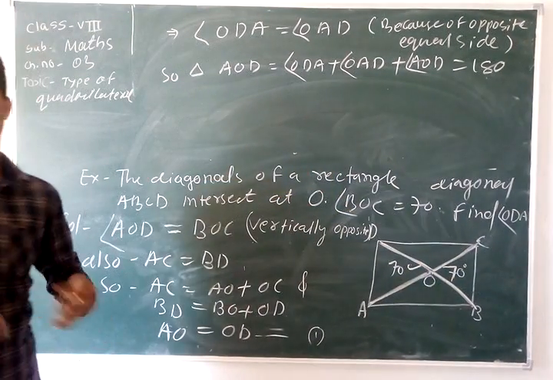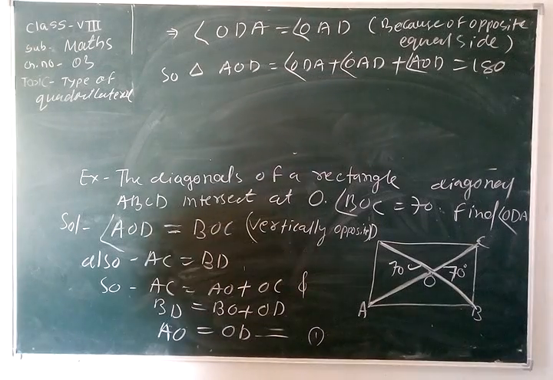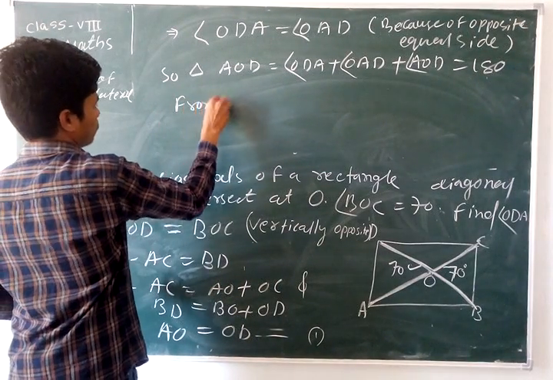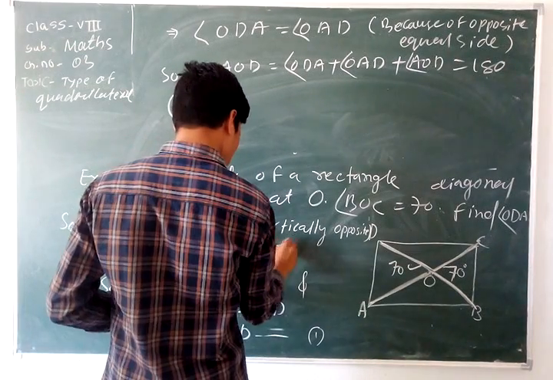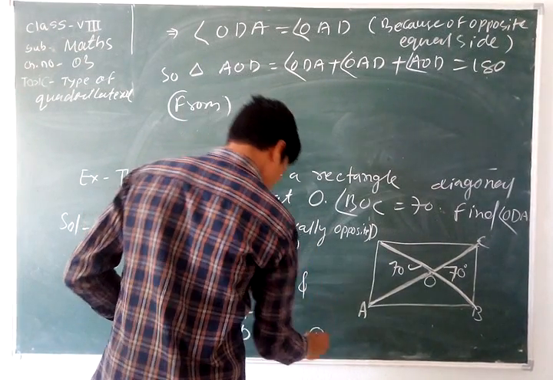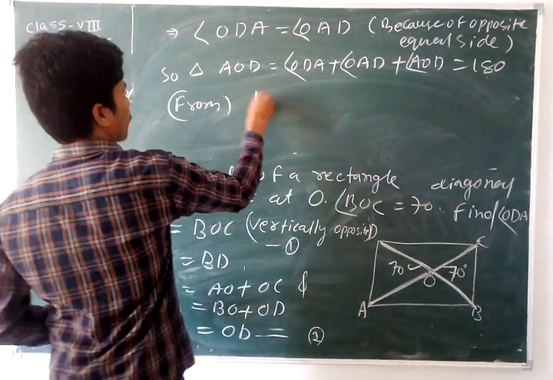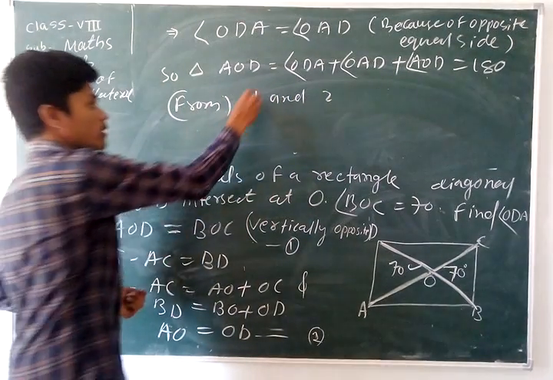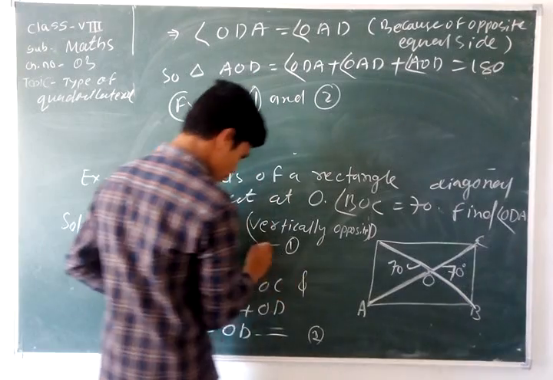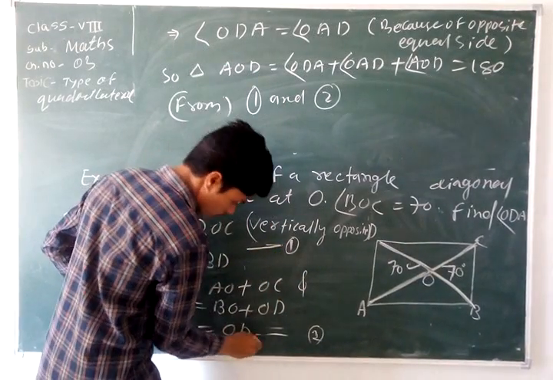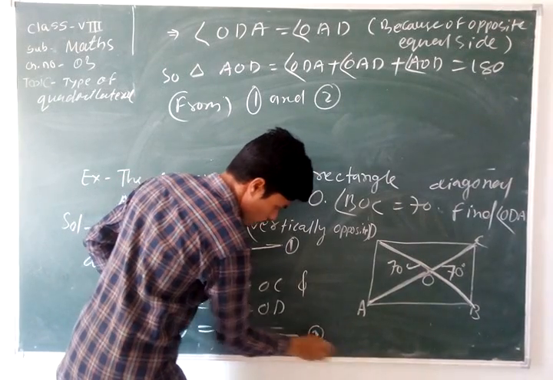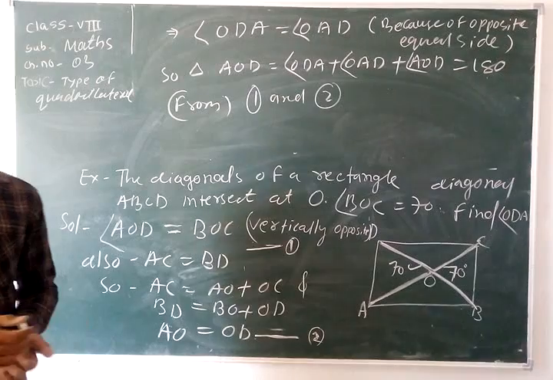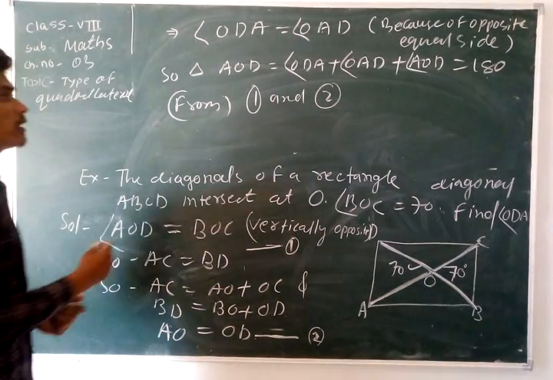If we add both things, 1 and 2, then what happens? We get 2 ODA plus 70 equals 180.